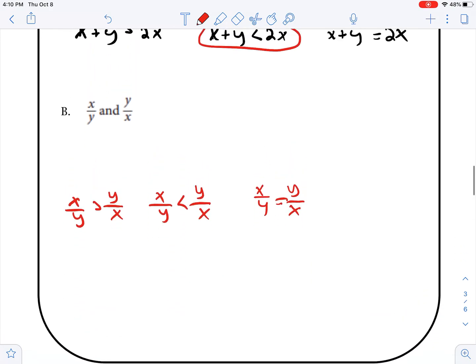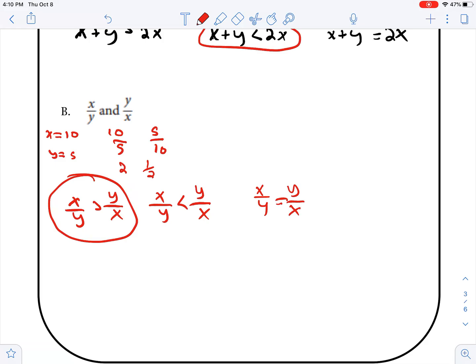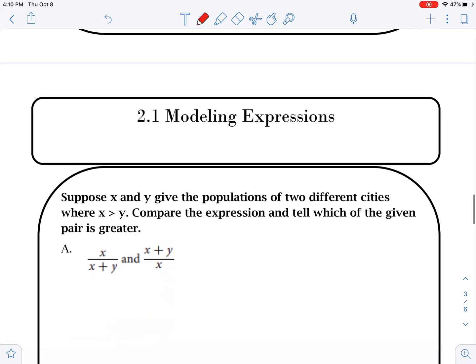So you could just choose numbers to help you understand. We said x equals 10 and y equals 5. So is 10 over 5 bigger than 5 over 10? If the bigger number is on top, that means this number is bigger. So this would be our option, because this would be 2 compared to 1/2. Obviously, they're not equal as we go through it.